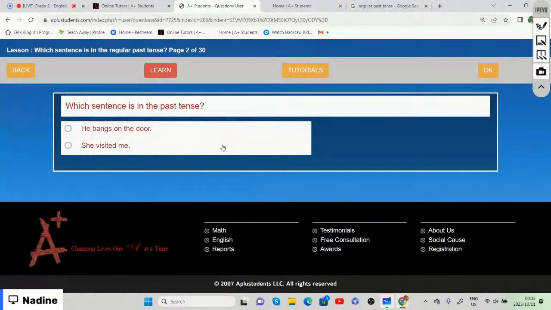He bangs on the door. All right, so if we select the past tense, then we can say visited.